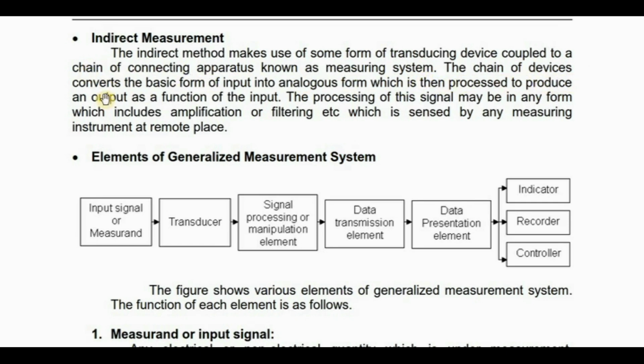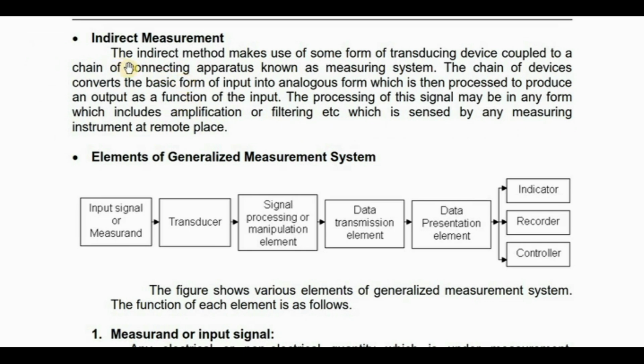The chain of devices converts the basic form of input into an analogous form, which is then processed to produce an output as a function of input. The processing of this signal may be in any form, which includes amplification or filtering, etc., which is sensed by any measuring instrument at a remote place.